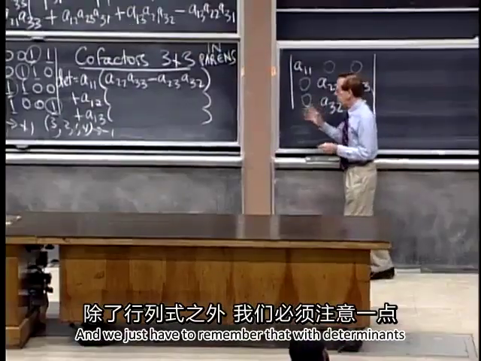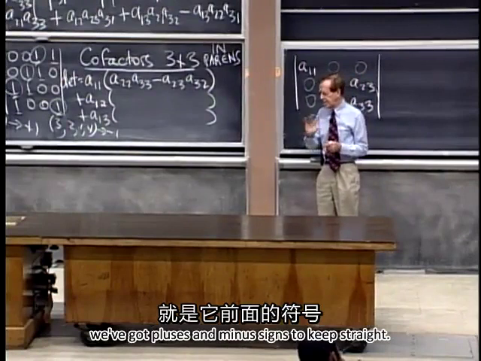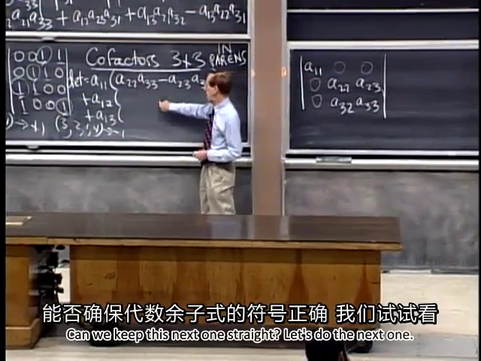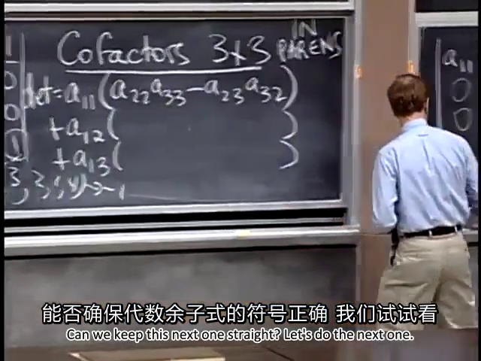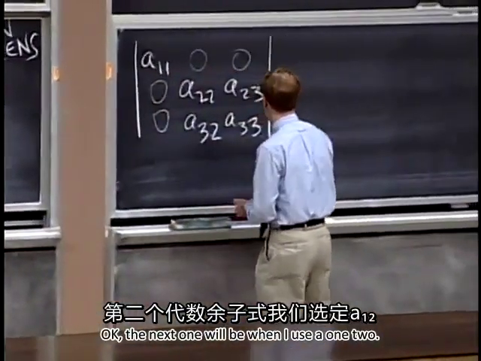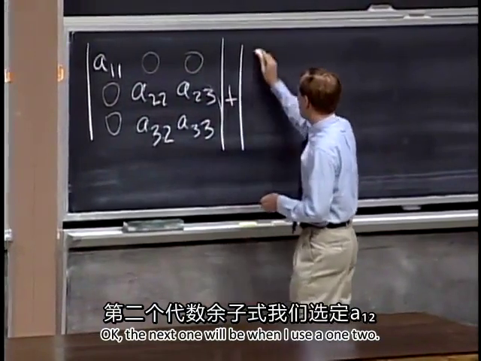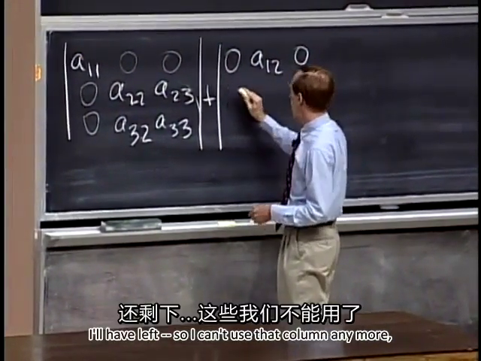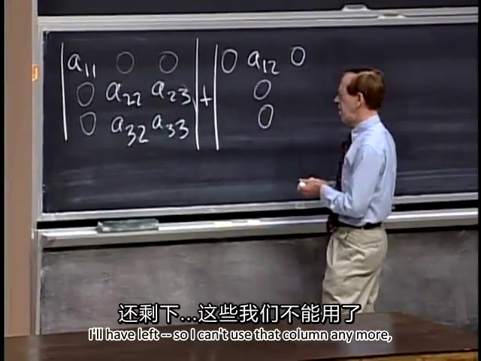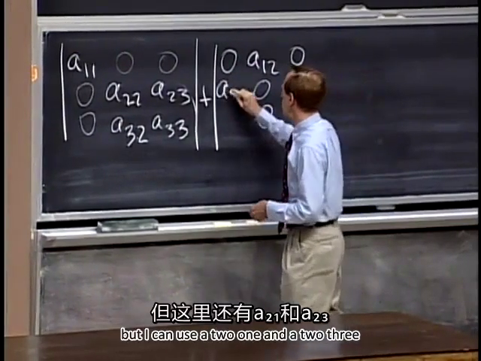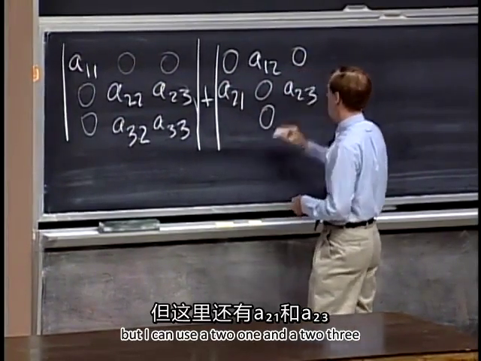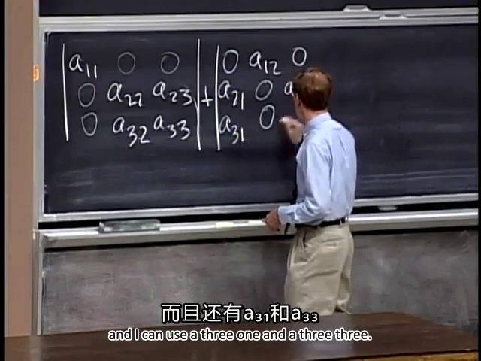And we just have to remember that with determinants, we've got pluses and minus signs to keep straight. Can we keep this next one straight? Let's do the next one. When I use A12, I can't use that column anymore, but I can use A21 and A23, and I can use A31 and A33.